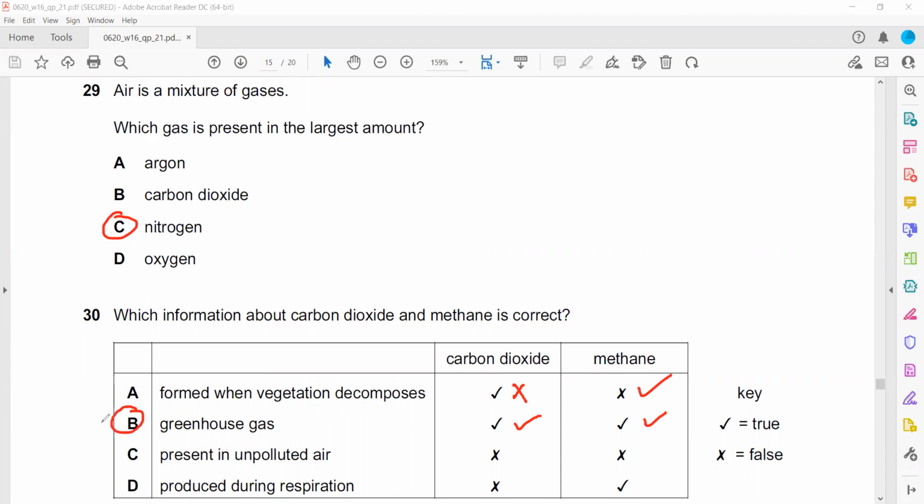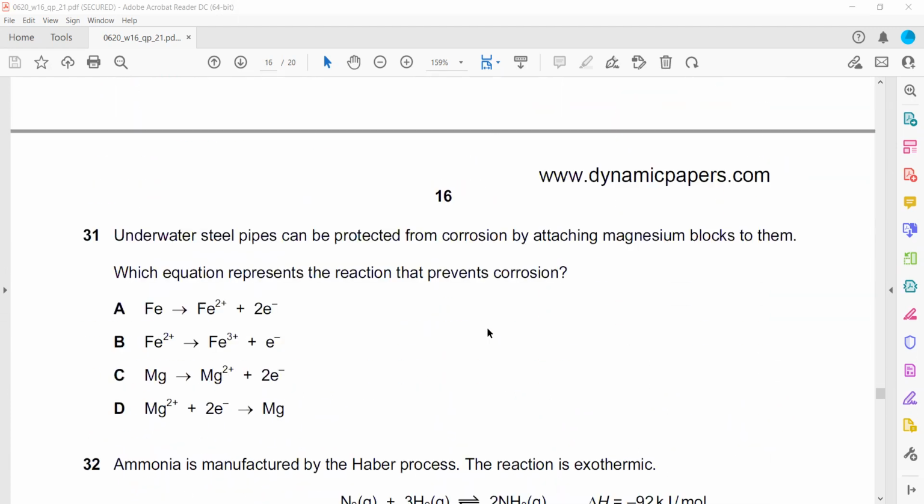So B is the right answer. Present in unpolluted air, carbon dioxide is present, methane proportion is not there. Produced during respiration, carbon dioxide is produced during respiration. So the correct answer, as I already mentioned, is B, that both carbon dioxide and methane are greenhouse gases which contribute to global warming.